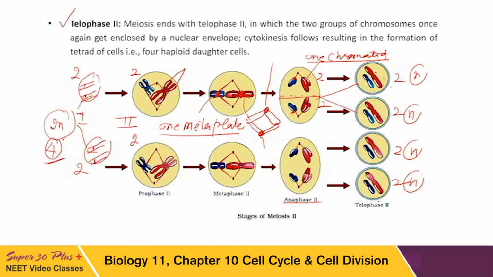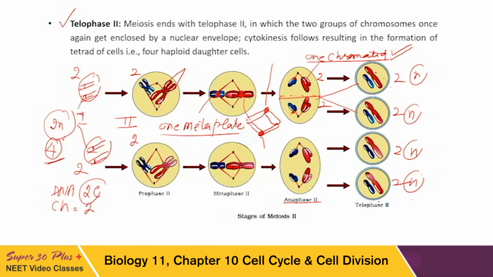And when this will divide, the number of chromosomes in the daughter cells will be equal to this cell, but here it is represented by only 1 chromatid. Very important. If the amount of DNA in this is 2C, the number of chromosomes is how many? That is 2.